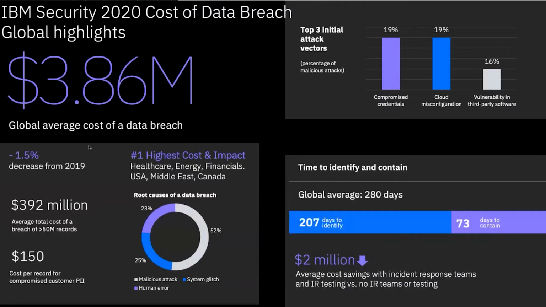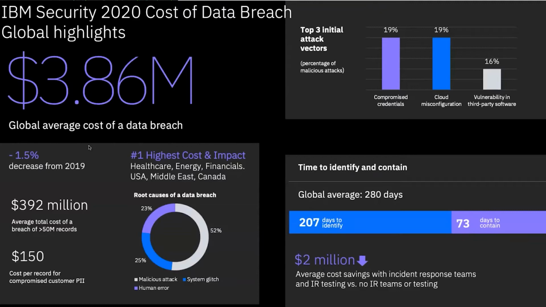What's interesting is that the highest cost and impact were in healthcare, energy, and financials. And from a geography perspective, the areas that had the greatest amount of records breached and cost were the USA, the Middle East, specifically like the Gulf region, Saudi Arabia, Kuwait, the UAE, Qatar, as well as Canada.